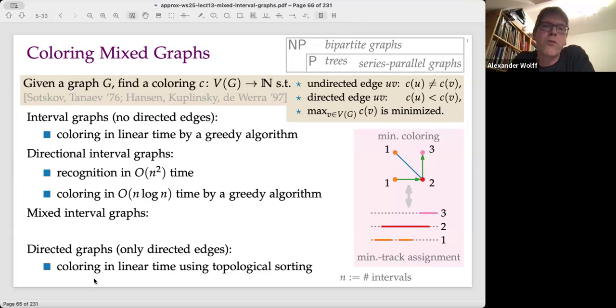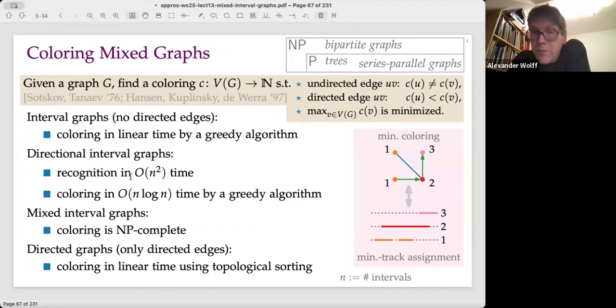And we also studied the more relaxed model of a mixed interval graph, where you're free to choose the direction of the edges. They don't come from geometry. They are only restricted in that you are only allowed to have an edge or an arc if there is some intersection. And for those, we showed that the coloring problem is actually NP-complete.